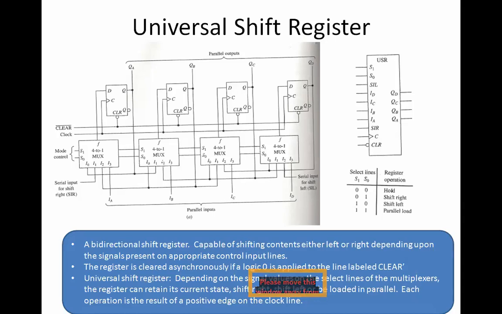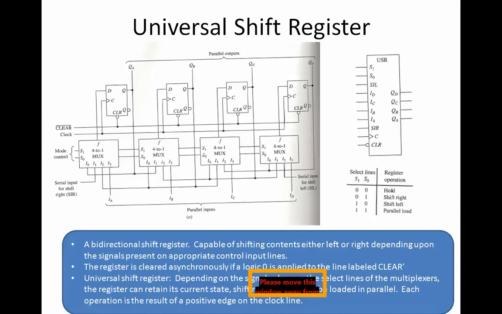So the circuit seems to be complex, but as we keep digging in, it becomes very simple to understand. We will have 4 D flip-flops, and we will be making use of the best property of a mux. What is the best property of a mux?